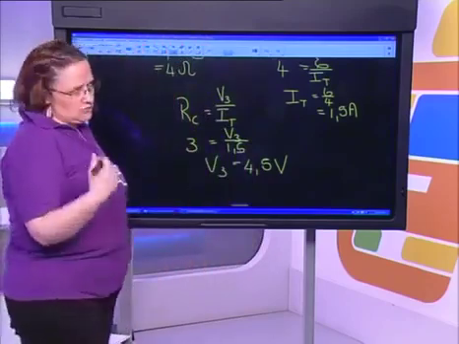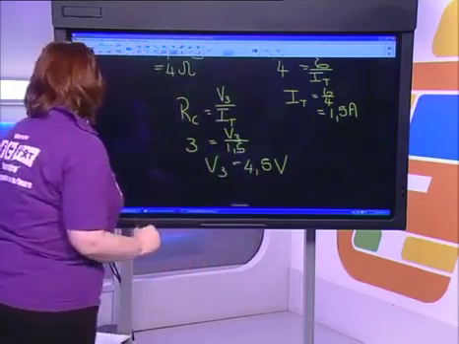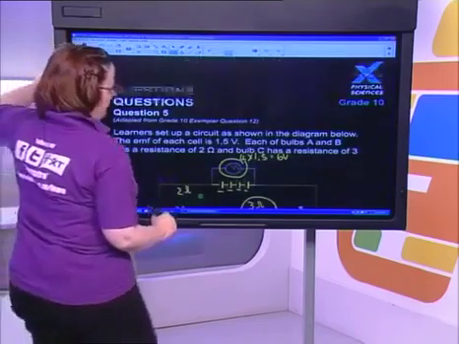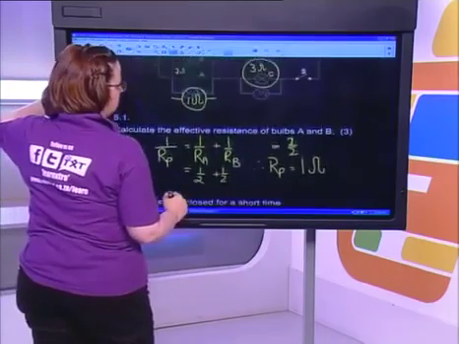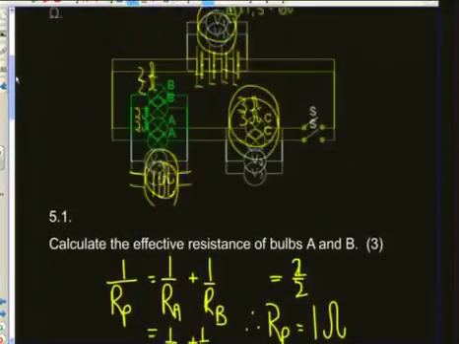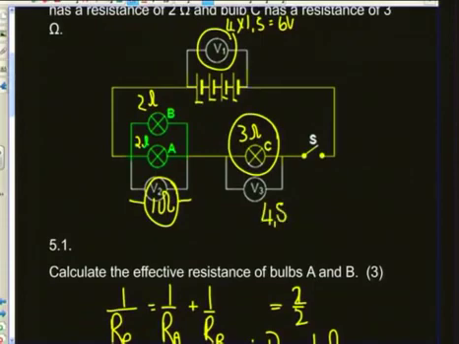This is one of those times when you really just have to be quite logical about it. So now I'm going to go back to my diagram. That worked out to be 4.5 volts. My current total is 1.5 amps, and my switch was closed.